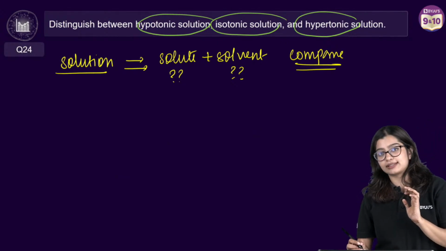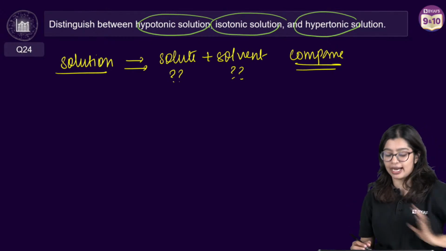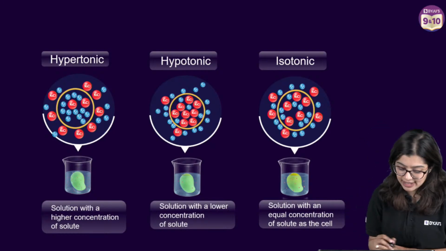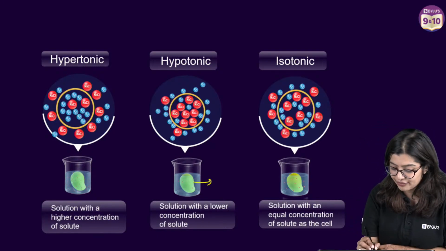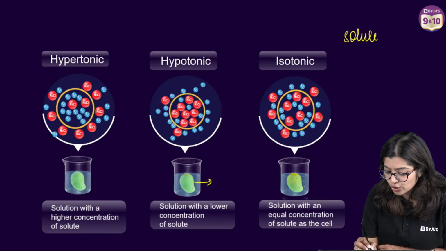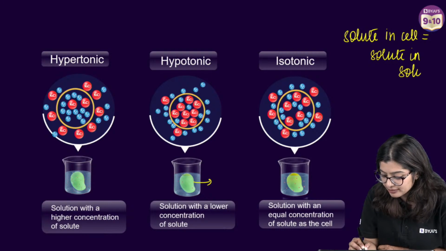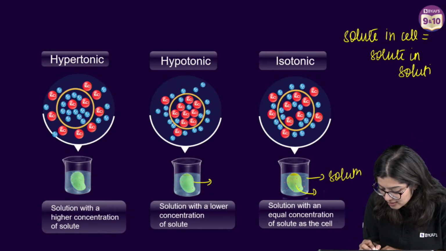So based on this, we make a comparison for hypo, hyper, iso. Now imagine I have a cell and I put it in a solution. This solution is such that the amount of solute in the cell is equal to the amount of solute in the solution. This is my solution, and this is my cell.